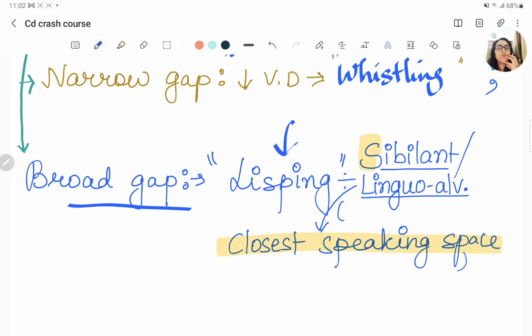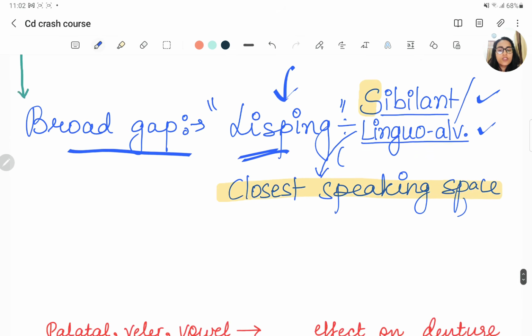Since there is more space, there will be a lisping sound. This is seen in the sibilant or linguo-alveolar sounds, in which we determine the closest speaking space, like S, sh, j. The closest speaking space is the space which is left during speech or function. It is 1 to 1.5 millimeters. Interincisal separation is this much.